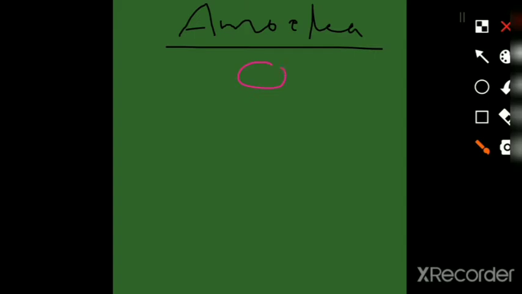So when an amoeba divides, during this process all the cytoplasmic content of the amoeba is divided into two new individuals, and if the division of that cell takes place further, then also the cytoplasmic contents of this amoeba go into other cells.